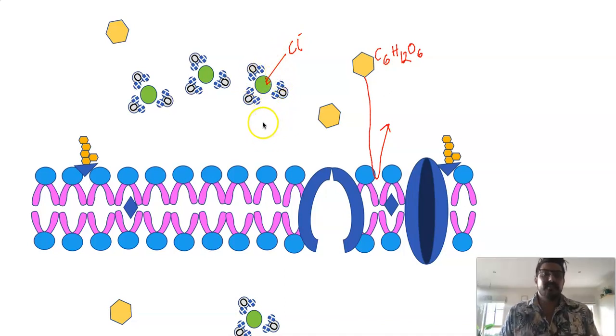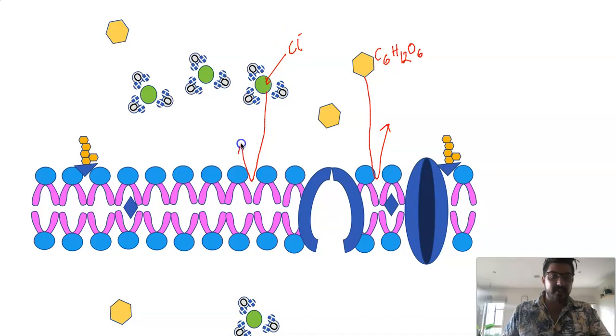So again, he can't really move through the barrier. Also, being that he's a charged ion, if it was trying to get through the fatty acid tail, again, it would get repelled. Fatty acids really don't like charged molecules. They won't let them past.